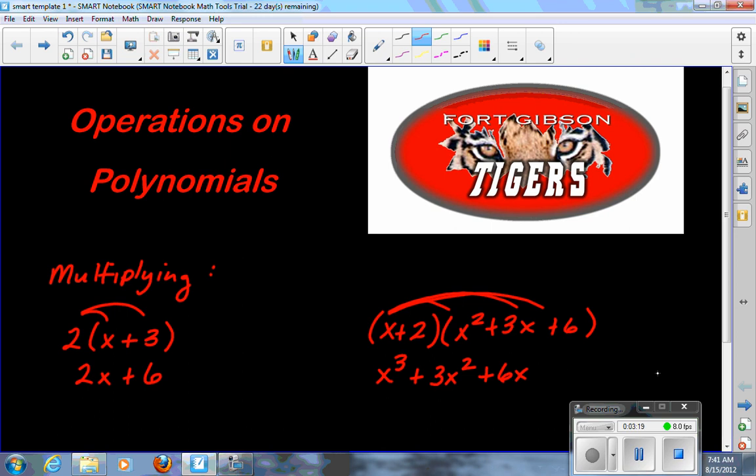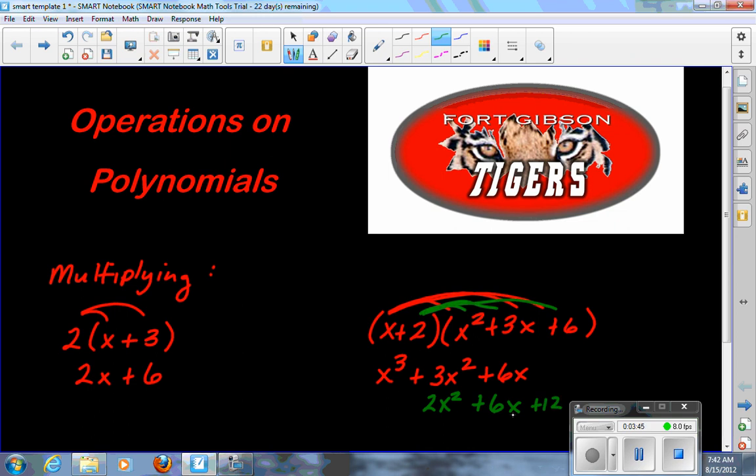Now you can keep going down this line, or when you do the next distribution, which is the 2, you can move over a space and start writing that right here, and I'll show you why in a second. So let's distribute this, and that would be 2 times 3x, which is 6x again, and then 2 times 6, which is 12.